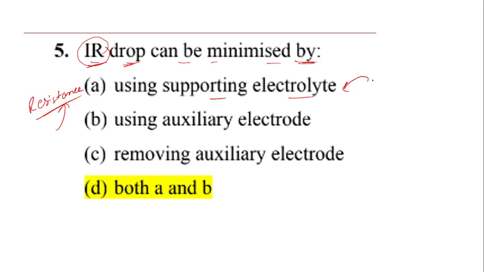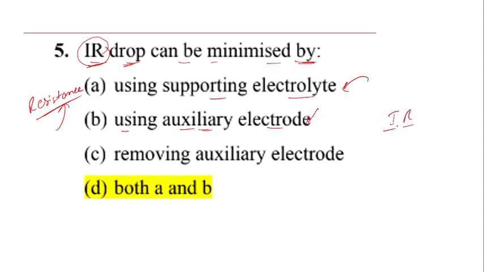Then using an auxiliary electrode. I will explain how, because sir also explained that when you use an auxiliary electrode, negligible current will flow. So IR drop means what?